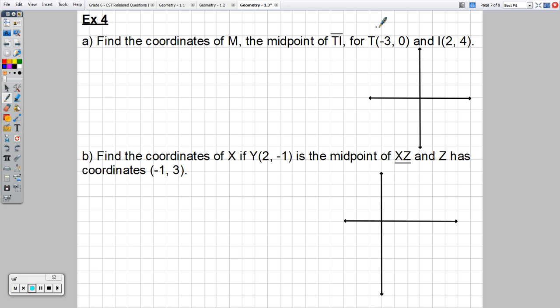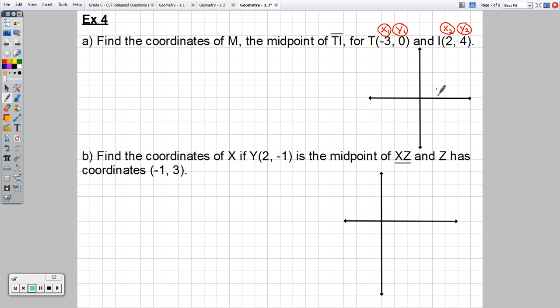I'll use a different color for that. So I've got x1. I wanted to go with red. There we go. x1 is -3, y1, the first y coordinate, is 0, and then this will be x2, the second x coordinate, and the second y coordinate, 2 and 4.